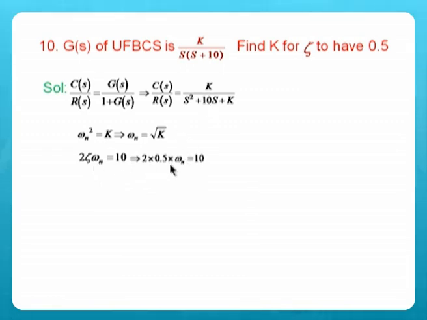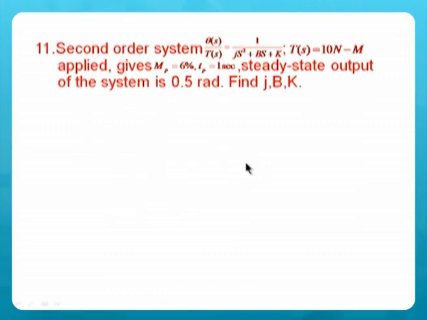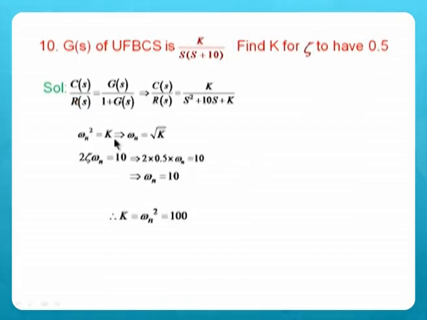Since zeta is 0.5, you can calculate the undamped natural frequency as 10 radians per second. Once you get omega n, you can calculate k using omega n square. So k is equal to 100.